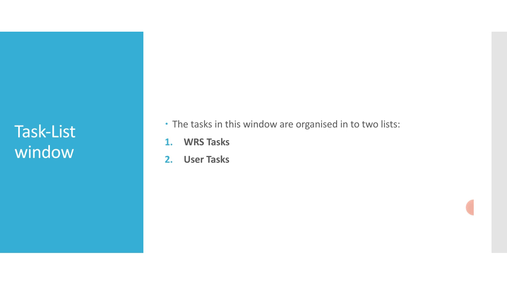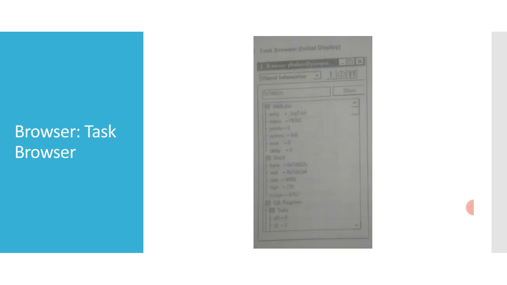Next is the task browser. To see more detailed information about a particular task, use the task browser window. The browser displays a window for the task, similar to this figure. In the updated version, it would be similar. I was able to cut only a piece of the older one, which is available with me in some of the older documents.